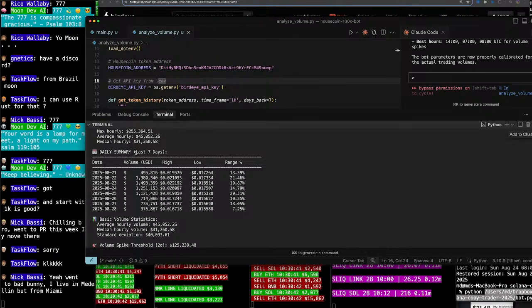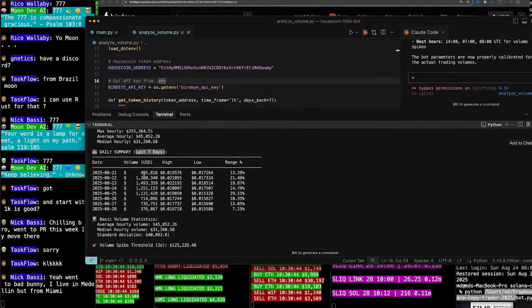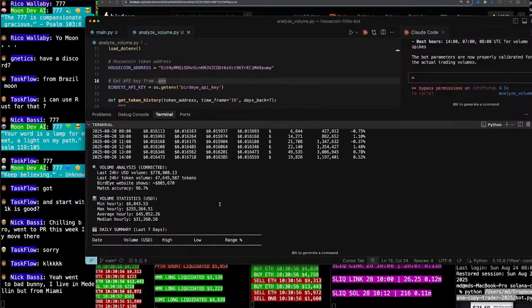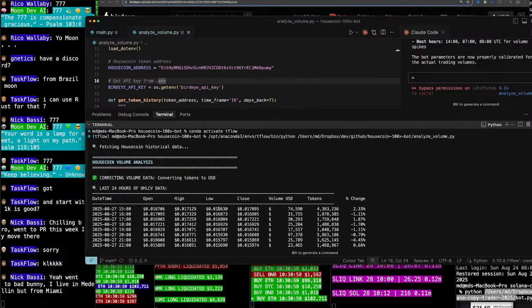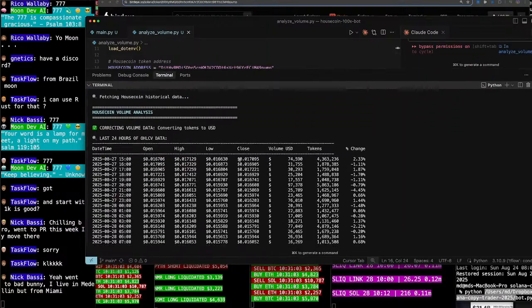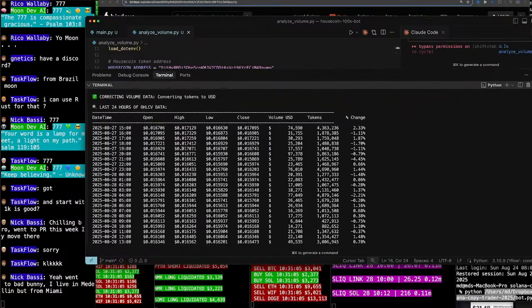Okay, so you can see last 7 days, volume 400. Okay, this is more correct. 37,735. This is only from today though, so it's not a full day. The low price is 0.015. So I'm just kind of thinking through an algorithm in my head, and I've told you some of it thus far.